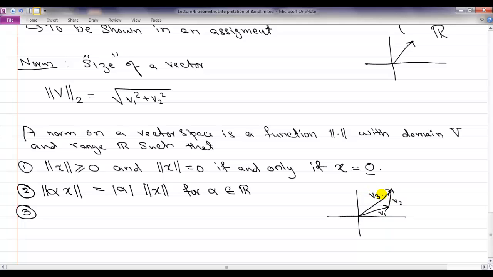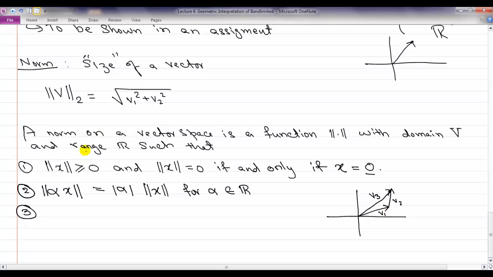There is something I'm sure you guys have seen many times, which is that the length of v1 plus v2 has to be less than or equal to the length of v1 plus the length of v2. It's called the triangle inequality. So triangle inequality in Rn makes absolute sense.